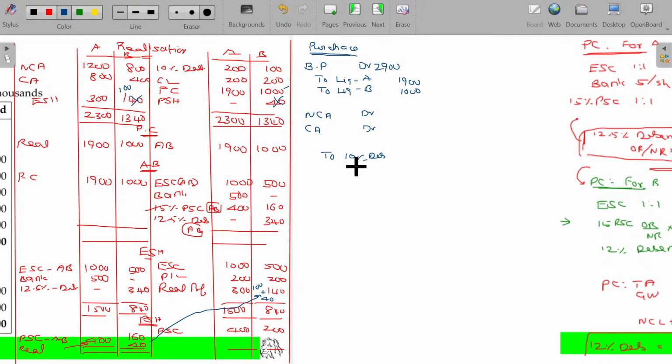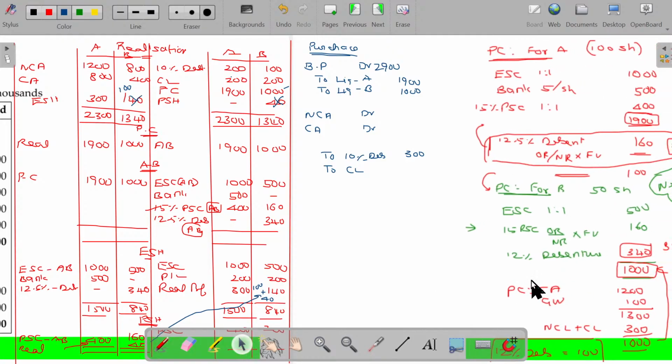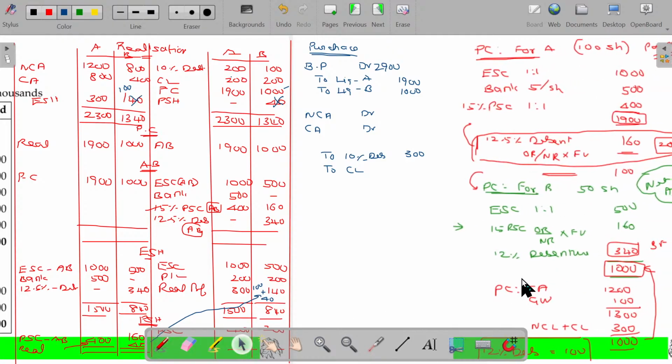Two ways of solving this are there, but I'll now follow the traditional method. Take absolute value of assets and liabilities to your books, where the 10% debentures are taken at 200 plus 100, 300 rupees, and to current liabilities. I think we don't have any value change for these things, isn't it?